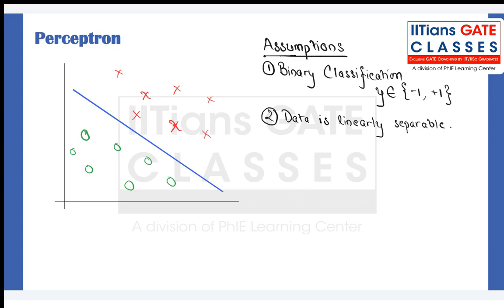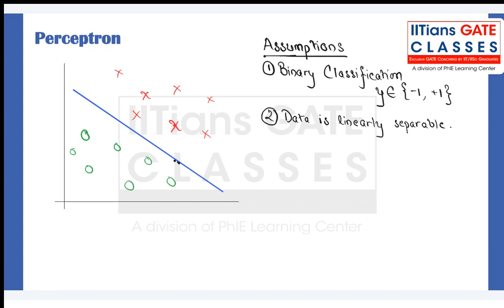But the basic funda of the perceptron model was, given data that is linearly separable, your objective was to find out the line that separates these two classes.